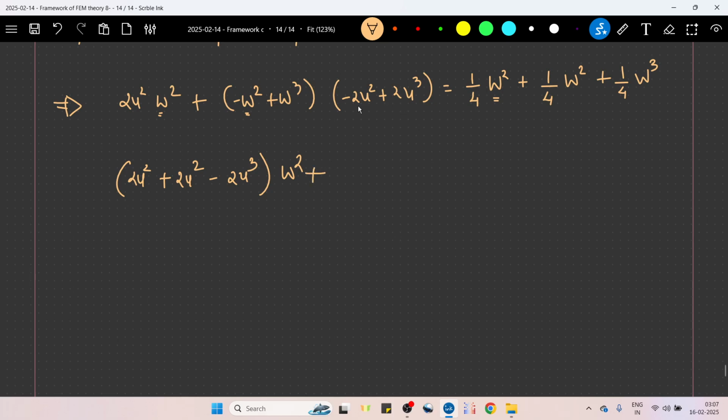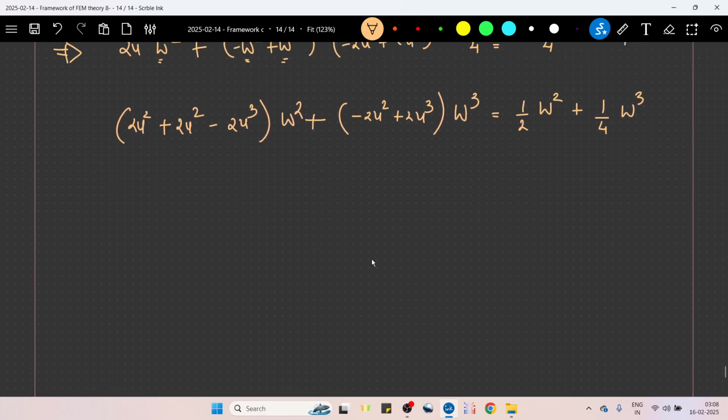Plus I will take w3 as a coefficient. So plus for w3 it will be minus 2u2 plus 2u3, this one, and w3 is equal to, here I will again write 1 by 4 plus 1 by 4, so 1 by 2 w2 plus 1 by 4 w3.